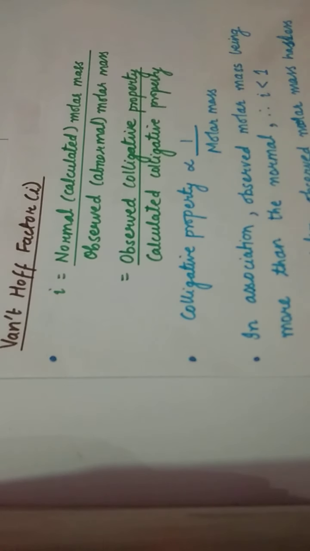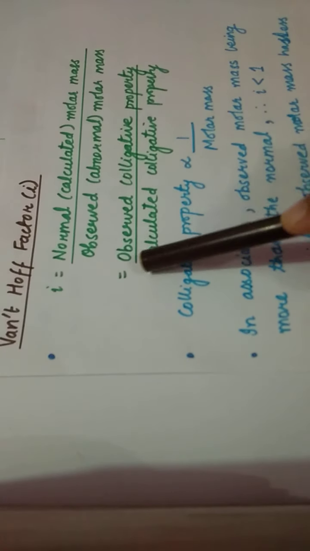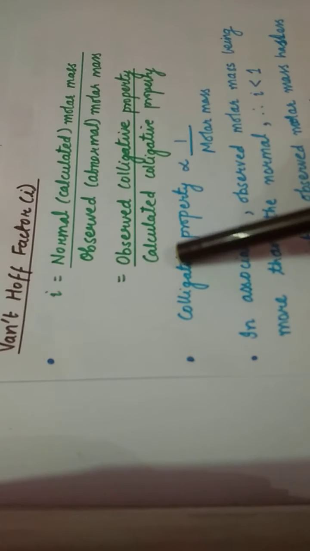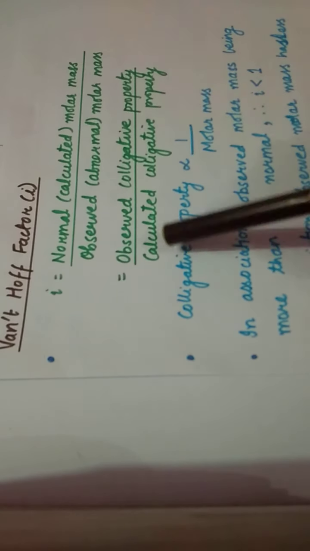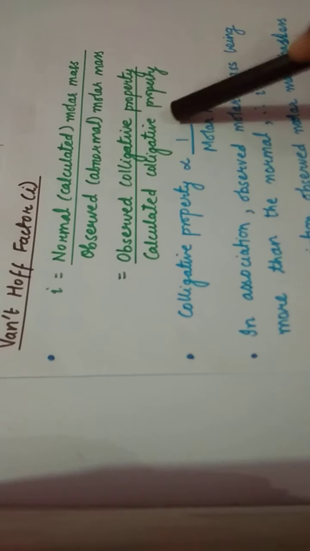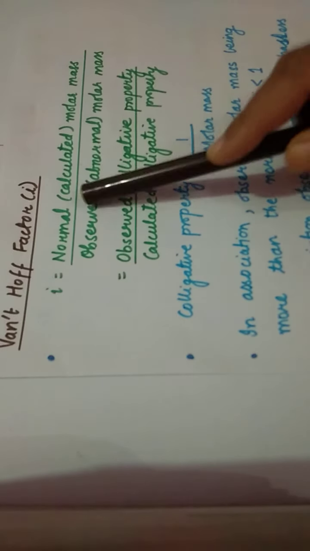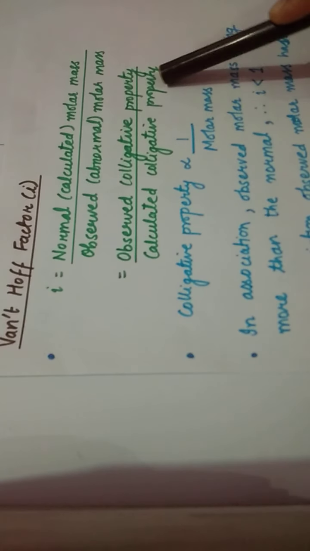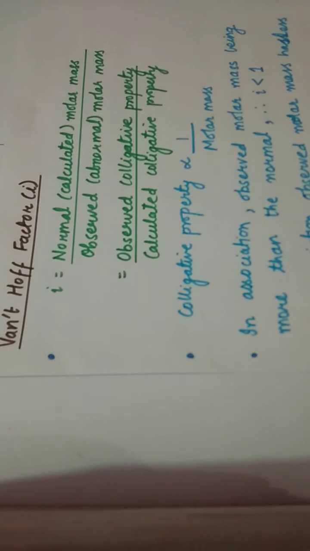So it will be opposite in case of colligative property. So in case of colligative property, the observed colligative property will be in the numerator and the calculated or normal colligative property in the denominator. So two formulas, one on the basis of molar mass, one on the basis of colligative property, for calculation of Van't Hoff factor. So these two are the formulas.